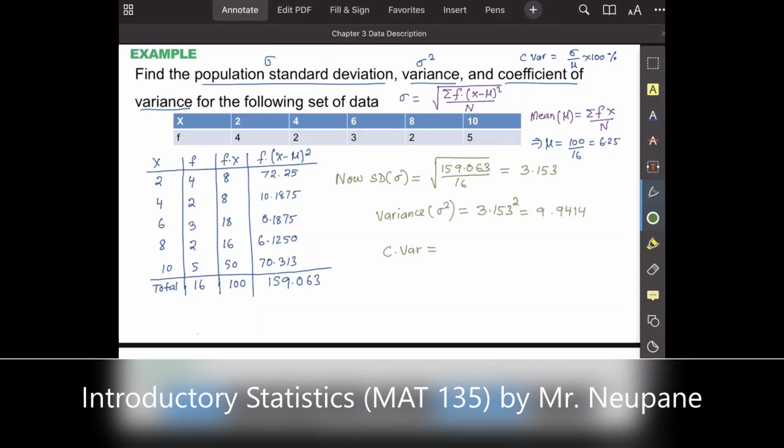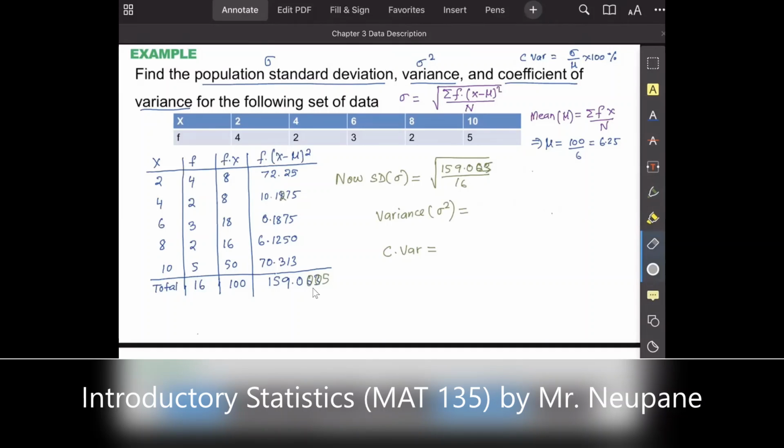You are right. 10.125. So what is the sum then? The sum is 159.0005. So this value will be different then. From here, it's going to be different.